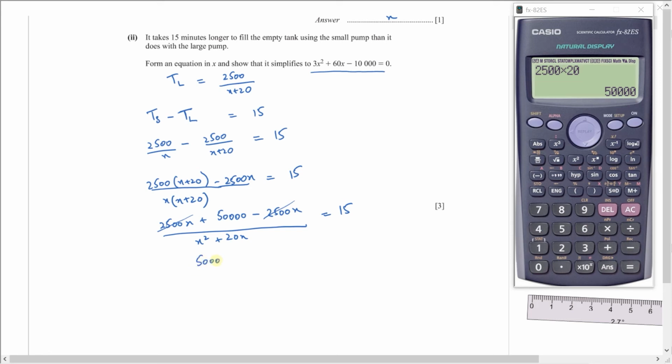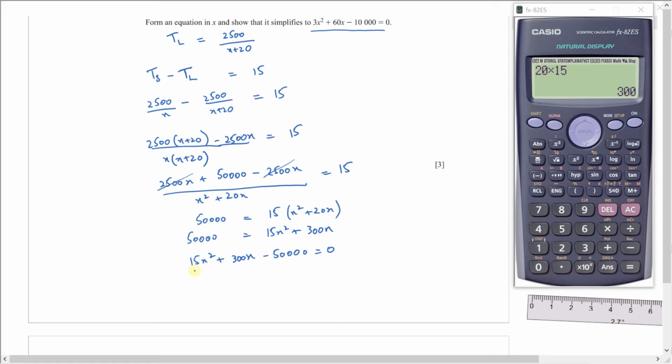So 50,000 equals, I'll take this to the other side, 15 multiplied by x squared plus 20x. 50,000 equals, if I open this bracket, I get 15x squared plus 20 into 15, which is plus 300x. Now if I take this 50,000 to the other side as well, I will get 15x squared plus 300x minus 50,000 equals 0.